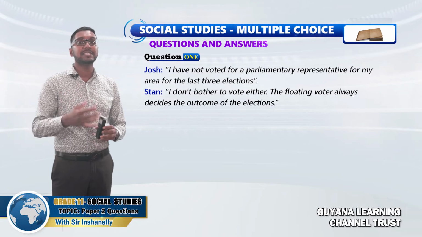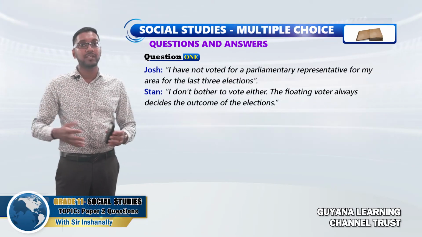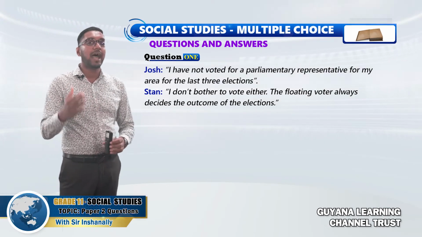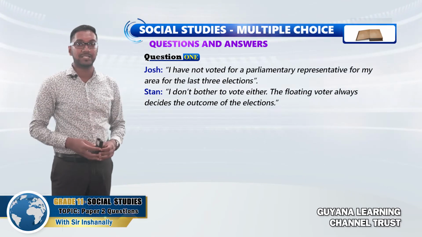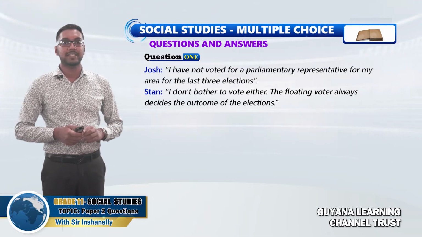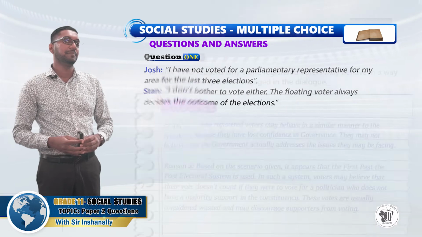And in such a system, voters may believe that their vote doesn't count if they were to vote for a politician who does not have a majority support in their constituency. These votes are usually considered wasted and may discourage supporters from voting.